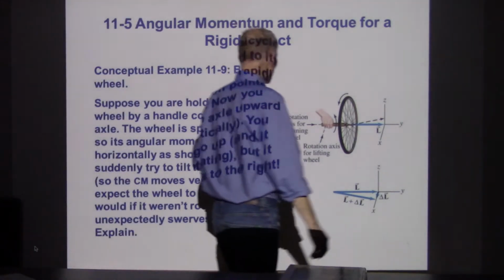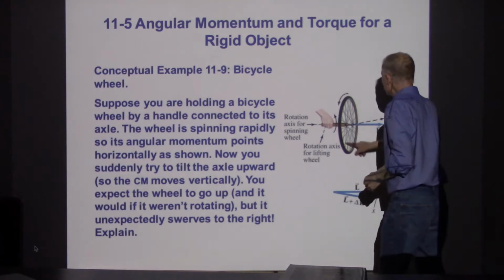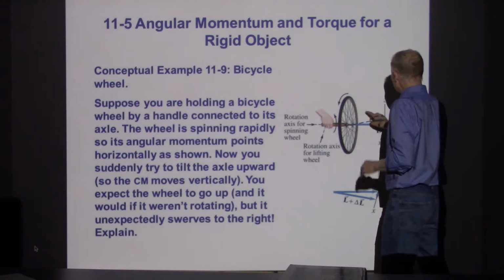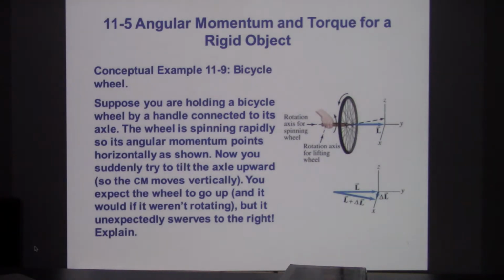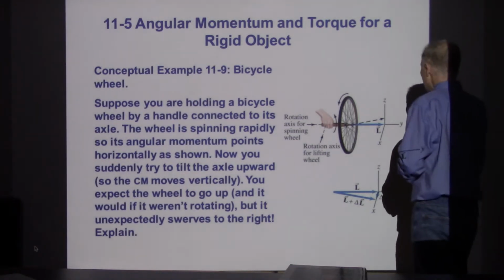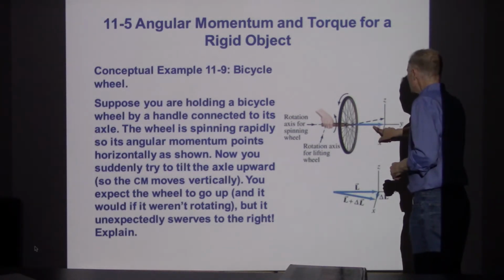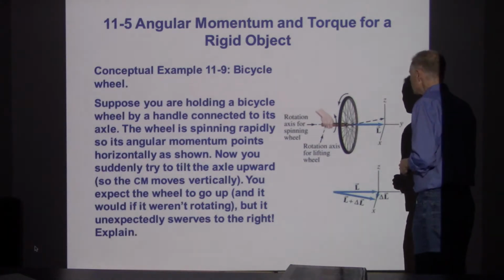Now what's going on here is when you have a bicycle wheel that's spinning, there could be a lot of angular momentum built up. That's going to be based on how much mass the bicycle wheel has, how large the bicycle wheel is, and how fast it's spinning. But if you've got a bicycle wheel, especially one moving very rapidly, you could have a fair amount of angular momentum built up.